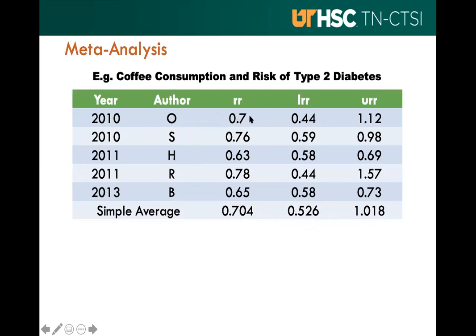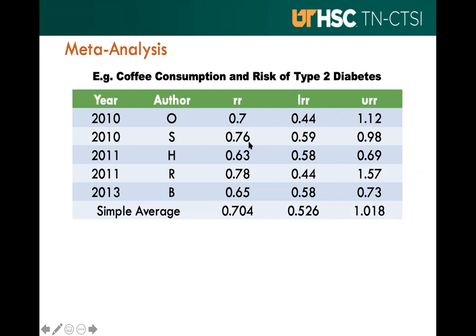We have the point estimate, relative risk, and the lower limit and the upper limit of the 95% confidence interval. So in the first study, the point estimate is 0.7, and the 95% confidence interval ranges between 0.44 and 1.12.